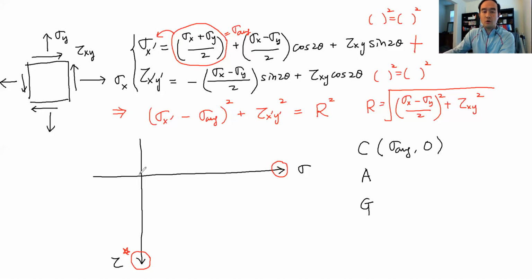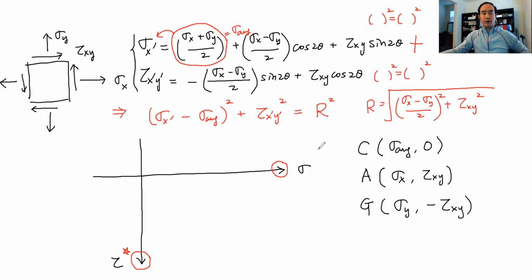So the center is always on this x-axis because of this formulation. The coordinate of the second point, A, is going to be sigma x, comma, tau xy. The third one is going to be G, sigma y, comma, negative tau xy.